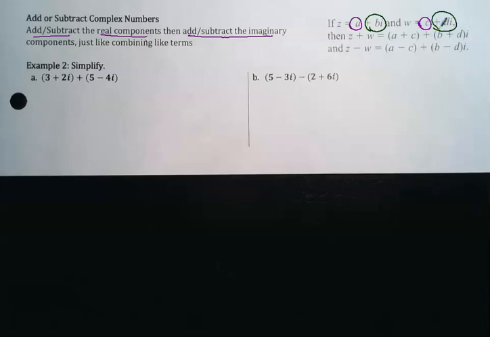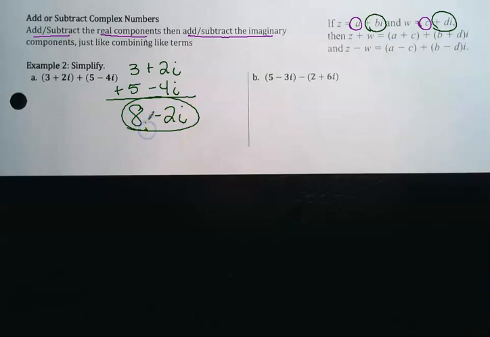That's it. So sometimes, if we look at stacking them, we have 3 plus 2i plus 5 minus 4i. You could look at it that way. Positive 2i minus 4i is going to give you a negative 2i. 3 plus 5 is 8. So you have 8 minus 2i.